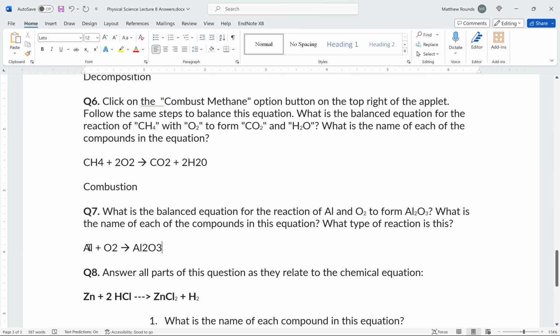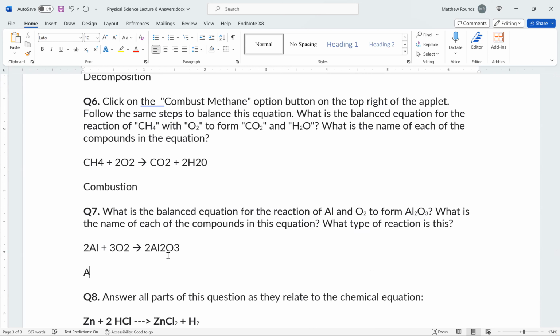There's two aluminums on the right, but only one on the left. There's three oxygens on the right, but only two on the left. So if we balance out the oxygens, putting this two times in front, there's now six oxygens, which means you have to put a three here to get to six, and then two in front to get two aluminums there.